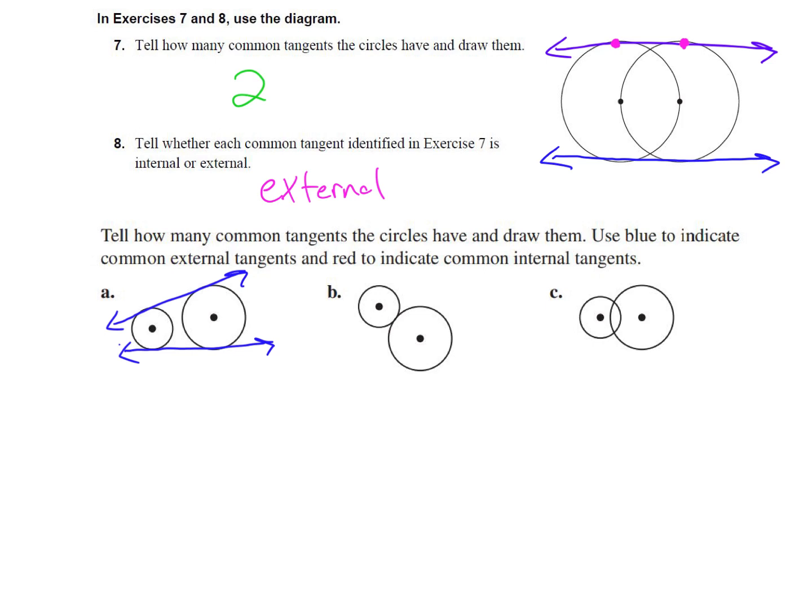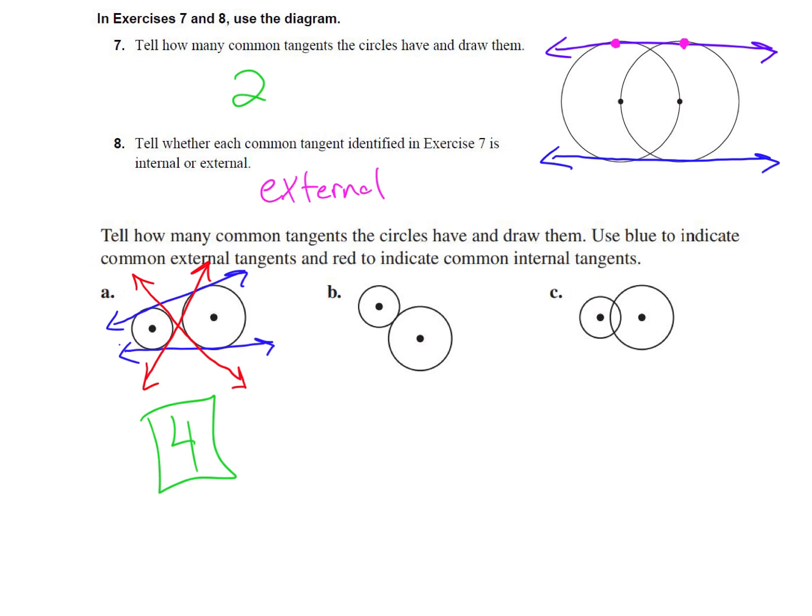Yes, in the middle, but how? Diagonal. So like this. And then you can do it the opposite way as well, the other way too, right? Any other internals? Nope, that's it. So how many common tangents do I have? 4. And then draw them with the red and blue.